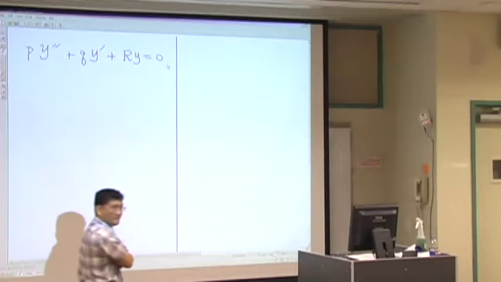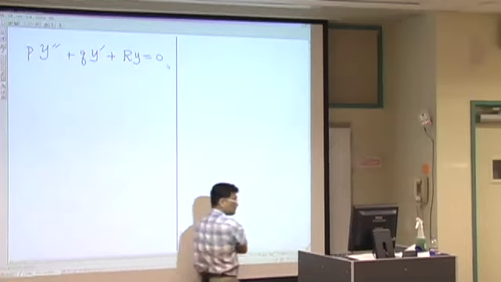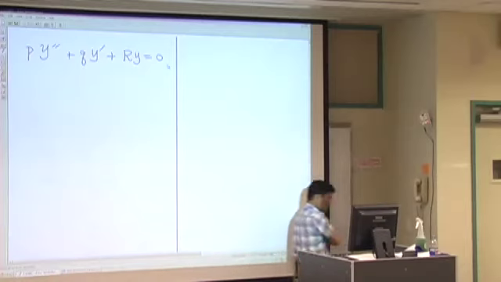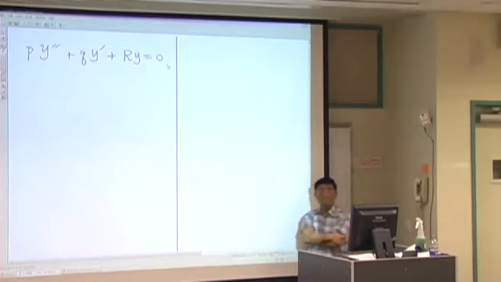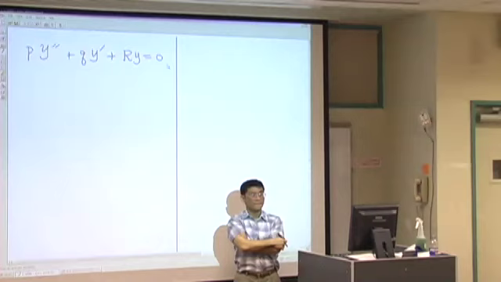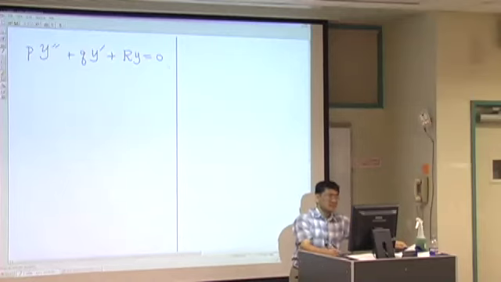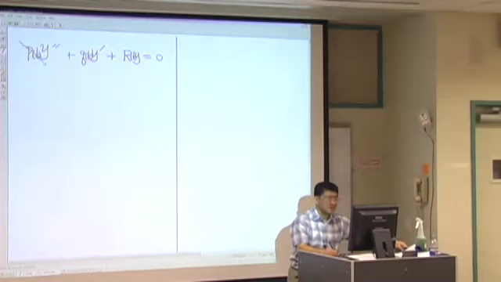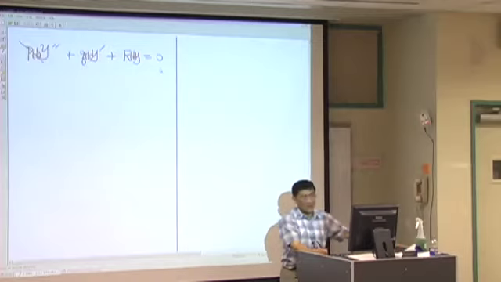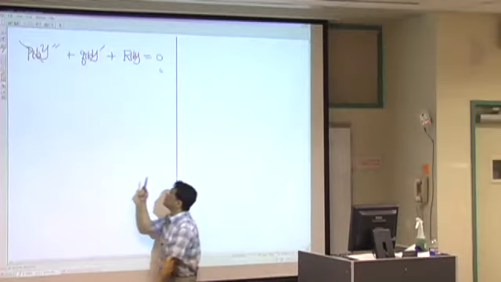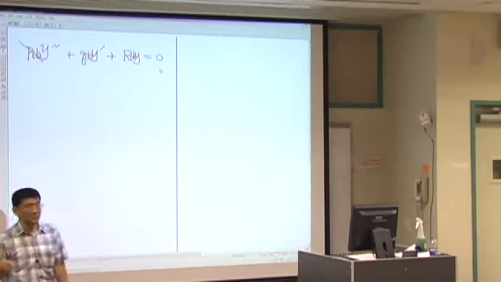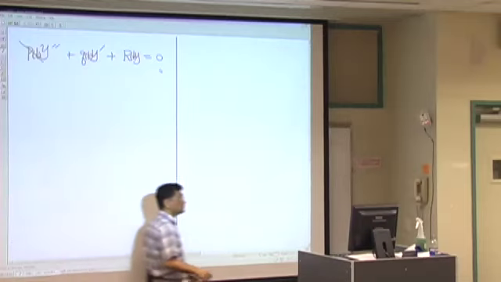Nothing. Coefficients, constants, or functions? Anything can come here, right? Or if you divide everything by p, then q over p, r over p, right? And then we can call q over p another q, and so we can say just one.